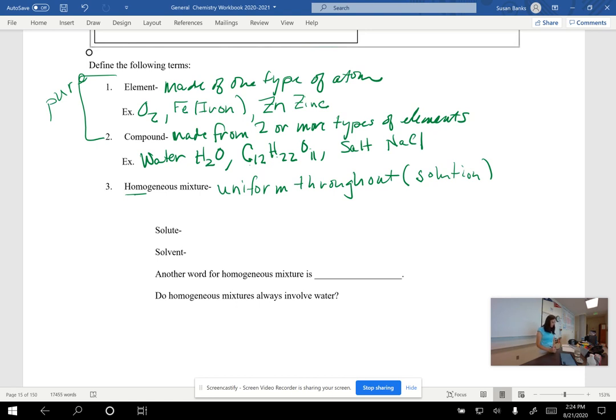And in a mixture, we have two main things. We have the solute and we have the solvent. So the solute is usually what is dissolved. So if I had sugar water, the solute would be the sugar. As solvent, it is what is doing the dissolving.